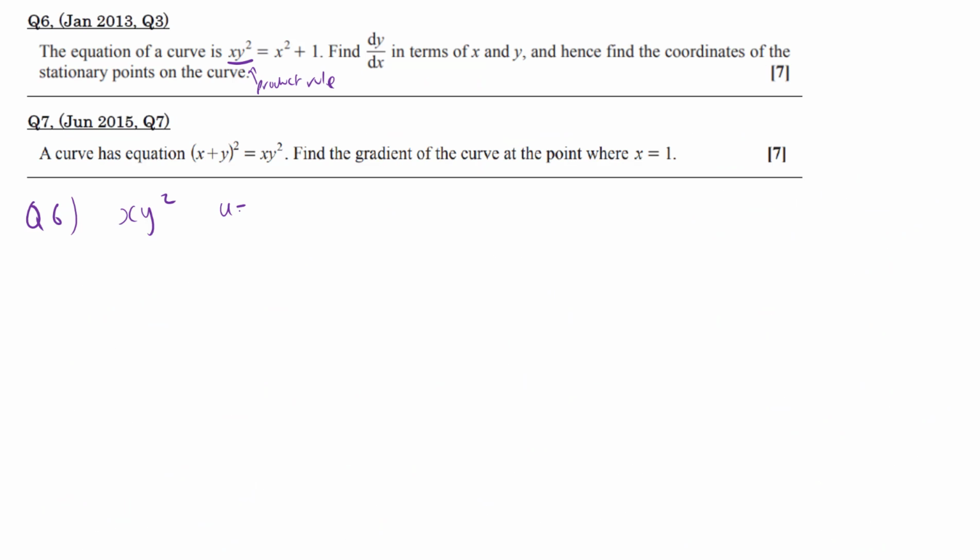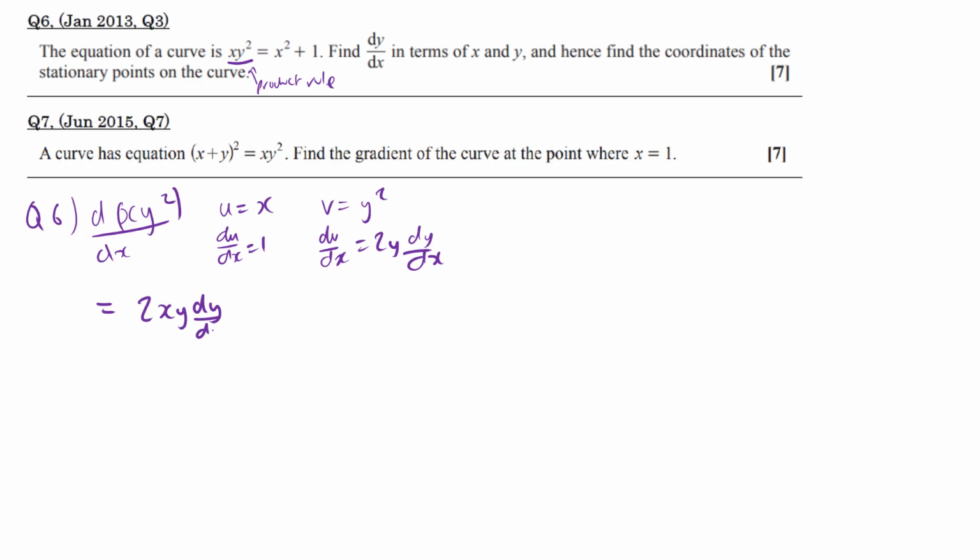I'm just going to let u equals x, v equals y squared, du dx equals 1, dv dx equals 2y dy dx. So essentially what we're doing is this, which equals, that's probably the correct notation, 2xy dy dx. This times this, and then that times that, plus y squared.